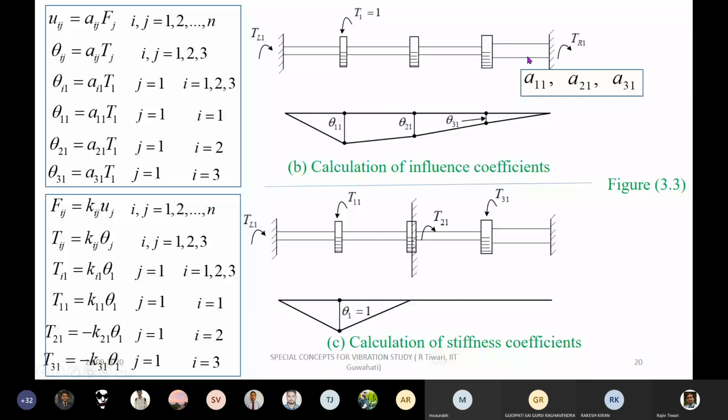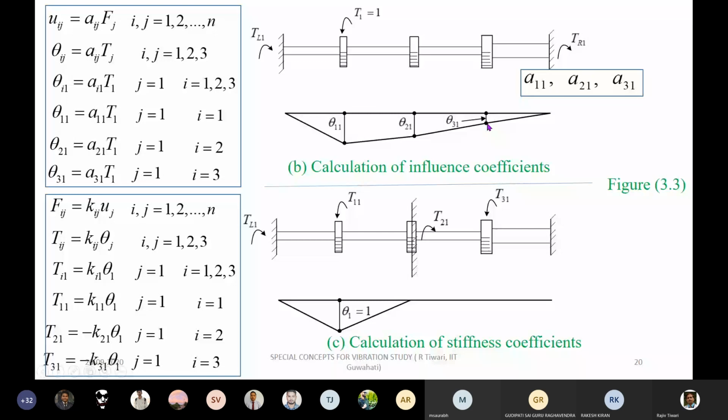So this diagram shows, because of this torque, what the displacements are at disks 1, 2, and 3. Theta 11 represents the displacement at 1 because of torque at 1. Theta 21 represents displacement at 2 because of torque at 1. This is the displacement at 3 because of torque at 1.